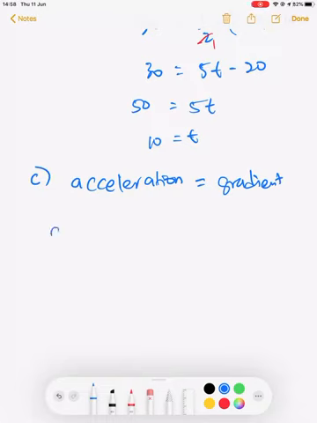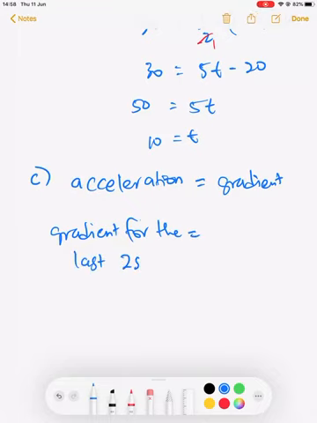The gradient for the last 2 seconds is actually the same as the gradient for the last 4 seconds.